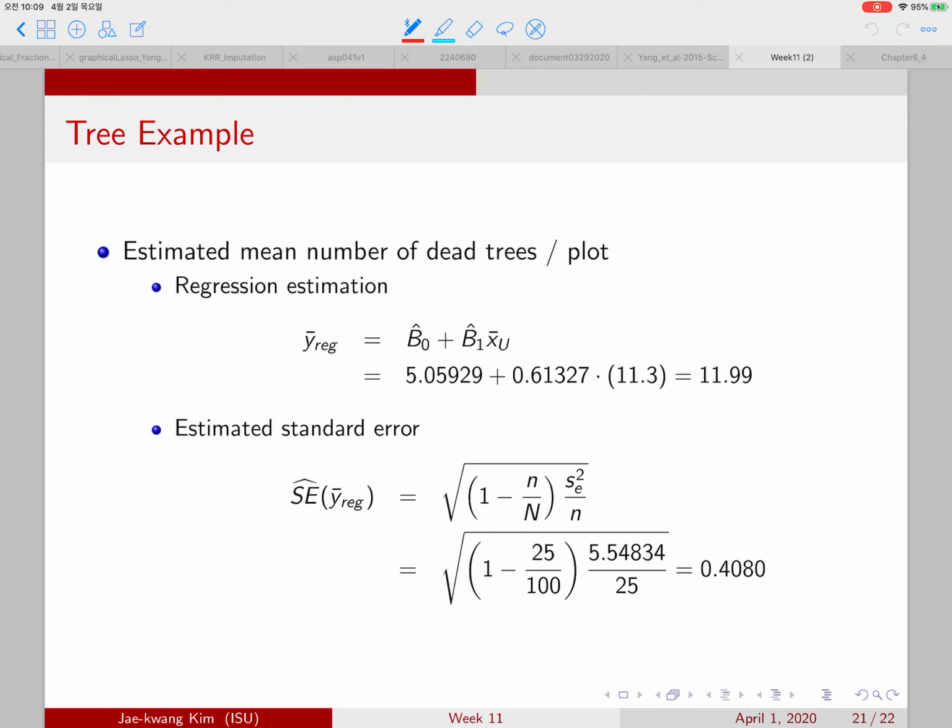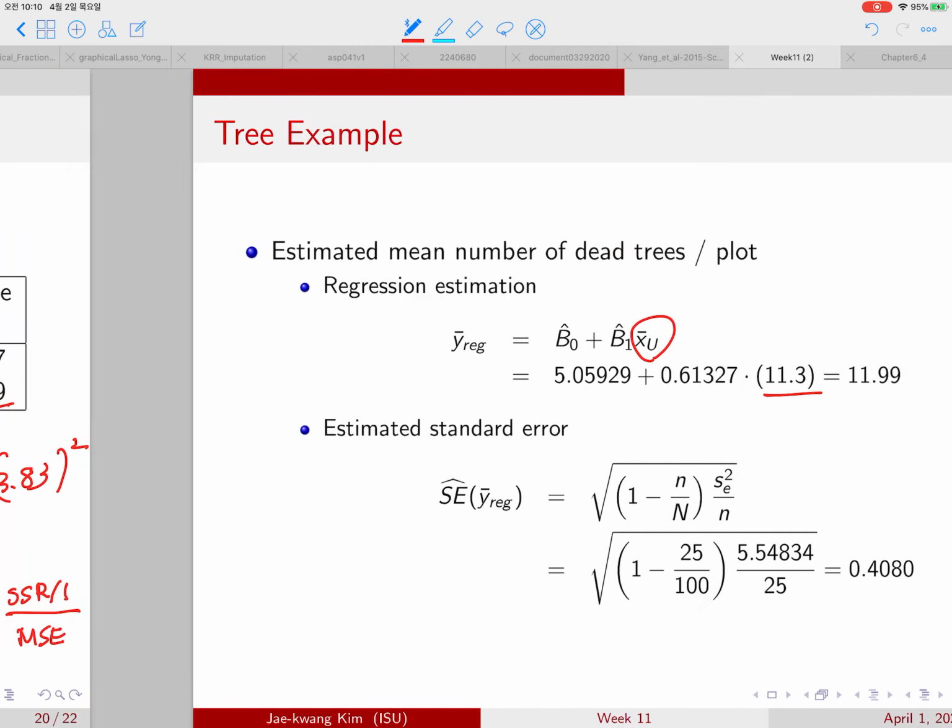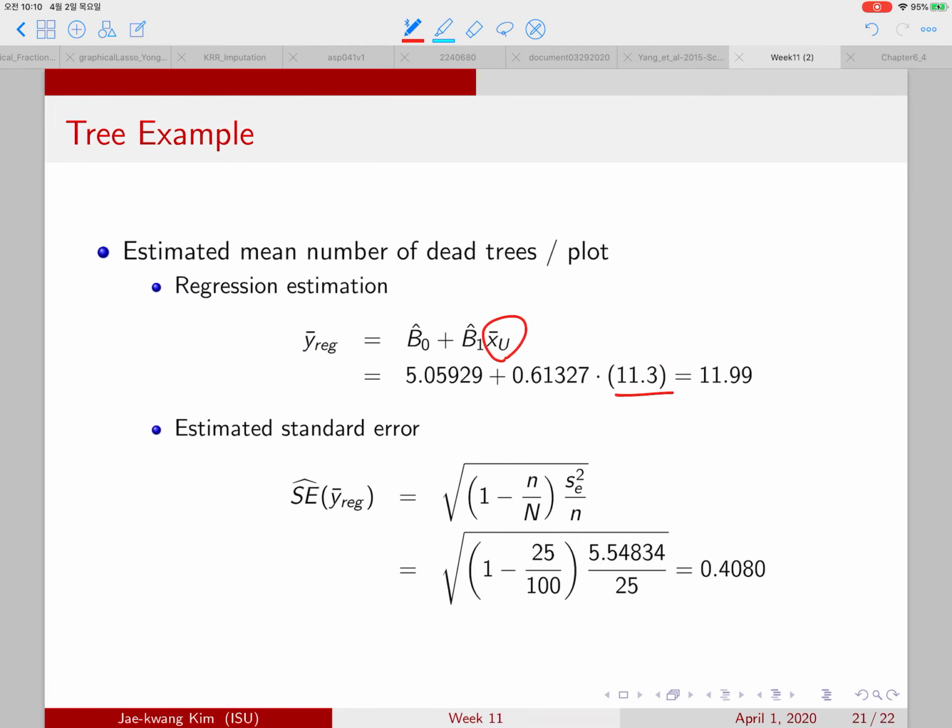Okay, so for the mean estimation, the regression estimator is the predicted value of y at x equal x bar. So we use x bar, which is 11.3, in the regression equation to obtain the regression estimator. For variance estimation, we use this formula, and s squared is SSE divided by n minus 1.